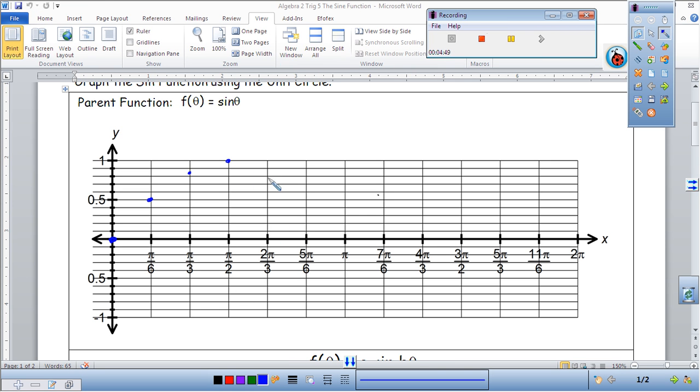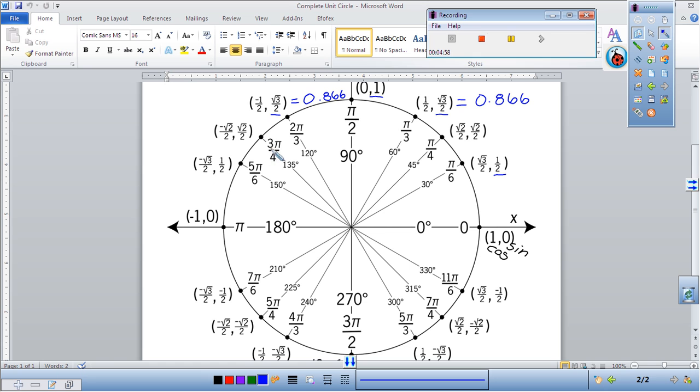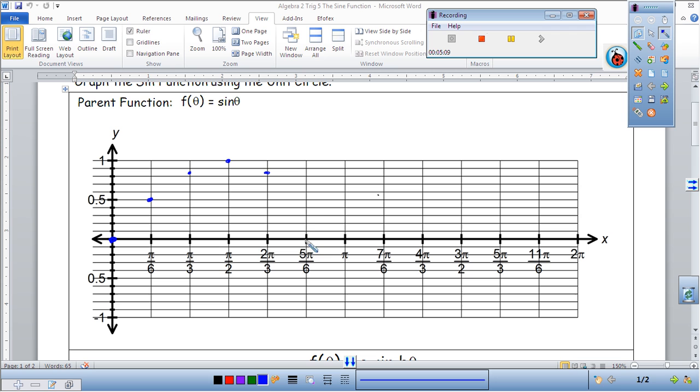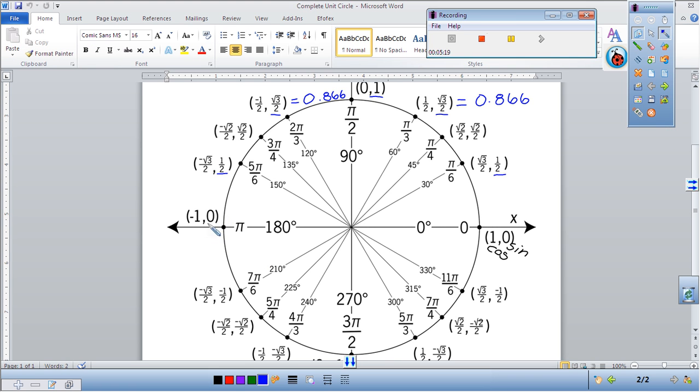Then 5 pi over 6 is the next one. We're at 1/2, right here. Then we're going to move to pi. At pi, sine is 0.